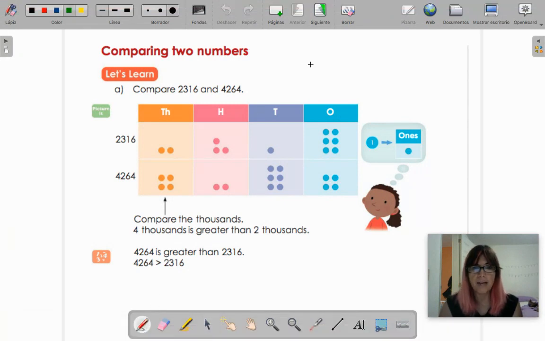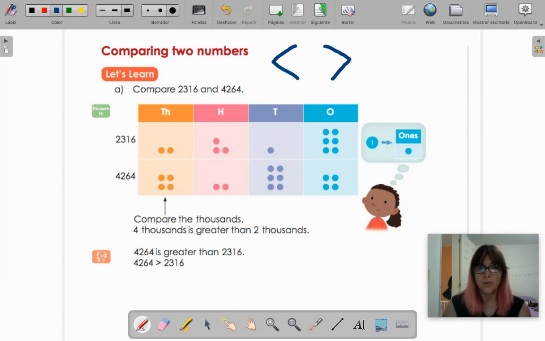I'm going to remind you something that I am sure you learned since pre-first and then first grade. And that is, I left it like that from the class before. These symbols. Do you remember these symbols?